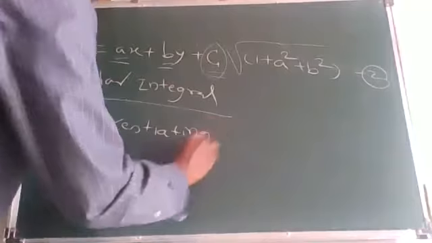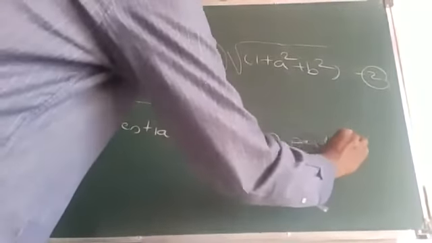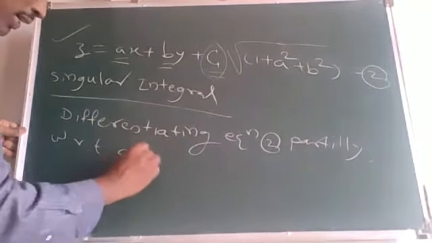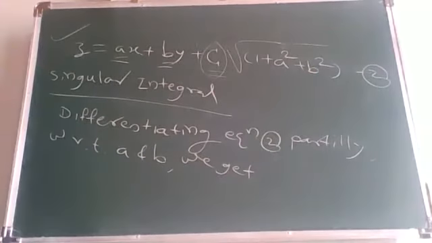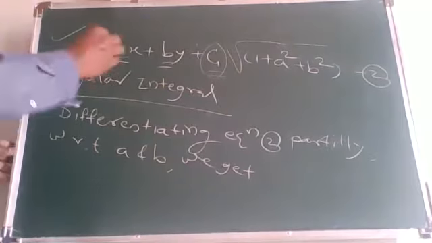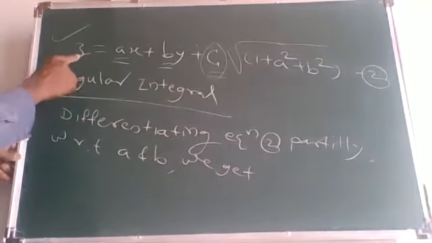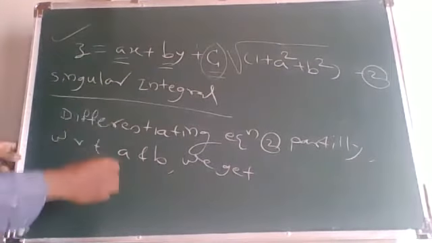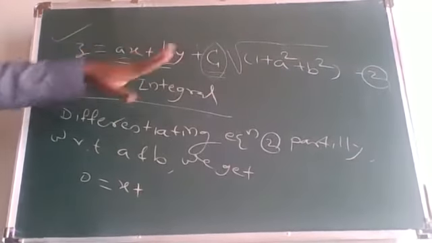Differentiating equation 2 partially with respect to A and B, we get: see here, equation 2, derivative with respect to A partially, dou z by dou A is 0. Derivative of Ax with respect to A is 1x, that is x, plus B into y, derivative is 0.